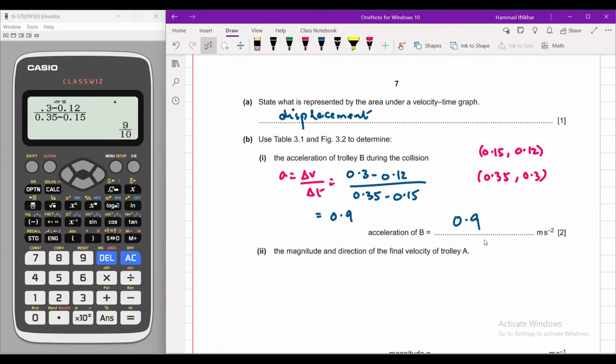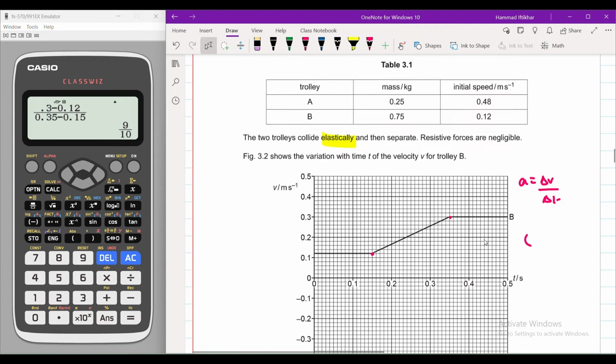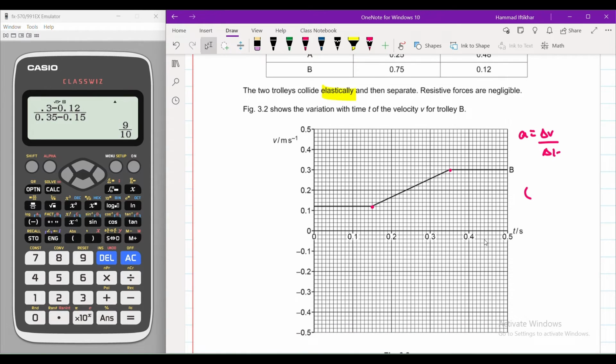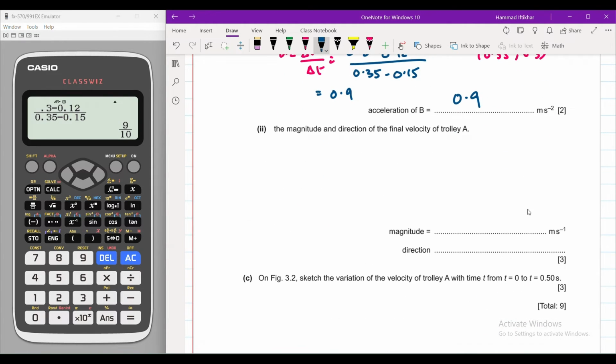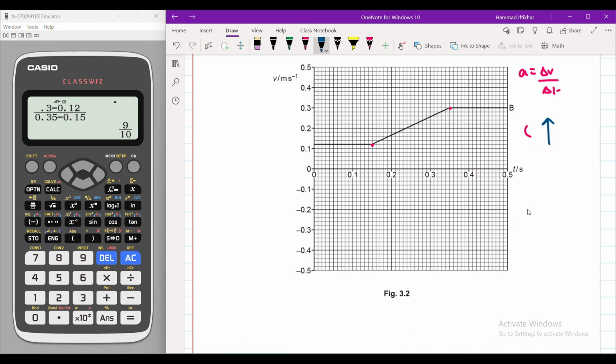The magnitude and direction of the final velocity of A. So this is velocity, not the speed. So velocity is just rising. This means that not only it's in the same direction, but the change in momentum is also upwards. So magnitude and direction of the final velocity of A. Okay, so we need to find the A. Okay, all right.